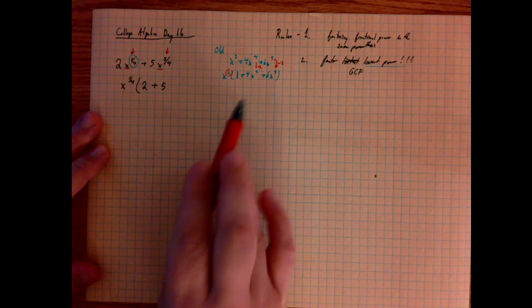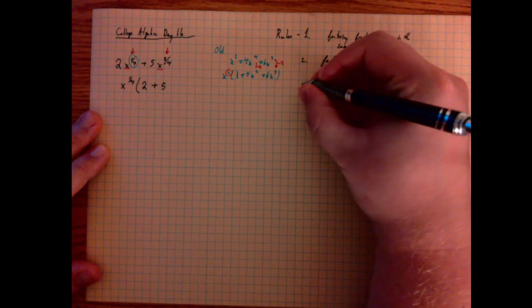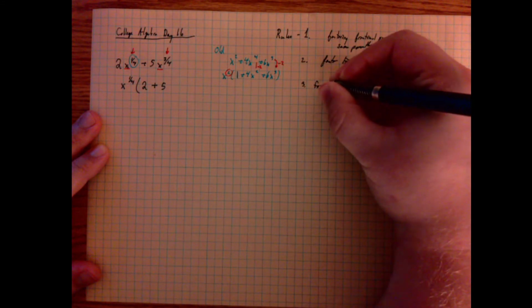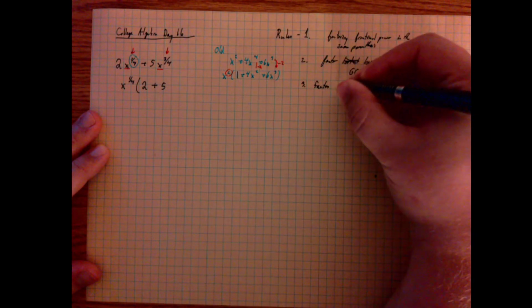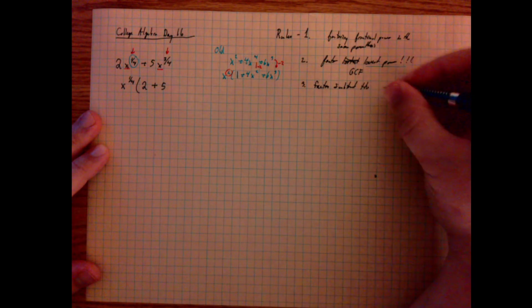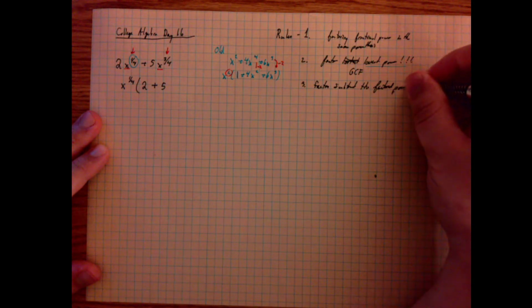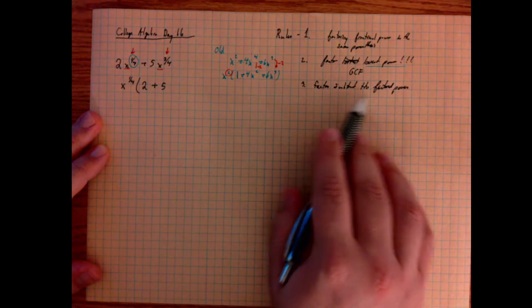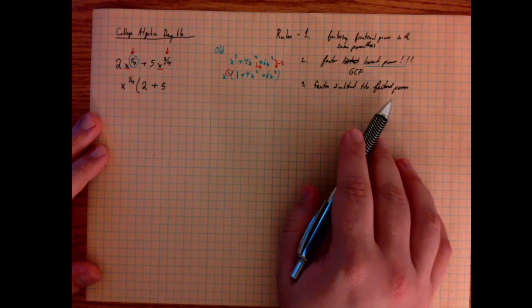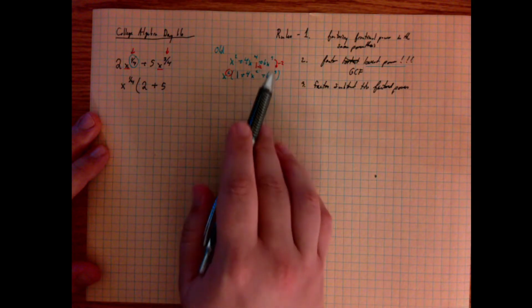And so when you factor, factoring becomes subtraction. This is always true. When you factor, you end up subtracting the fractional power that you're taking out. So if I want to take an x squared out, I have to subtract 2 from every one of these powers.